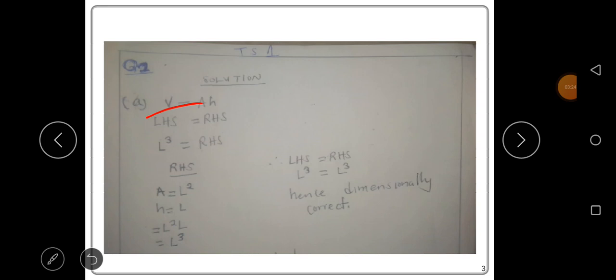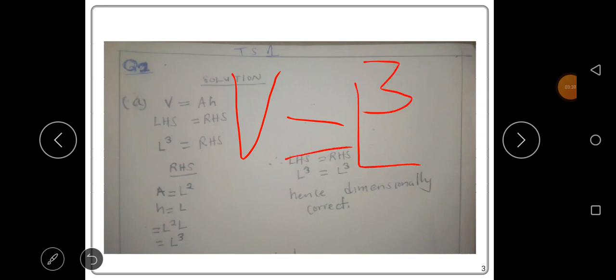So we have V here, which is the volume. We have AH here, A, which is the area, H, which is the height. So let's see. Volume, the dimension for volume is L to the power 3, which we have written here. And these dimensions should be in brackets because this is how we write dimensions.